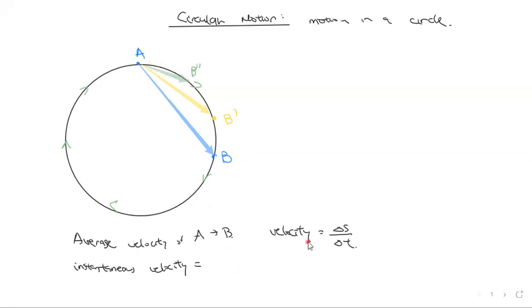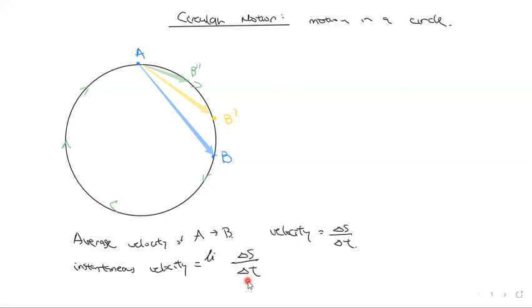So basically, velocity is calculated as change in displacement over change in time. Average velocity, as you've done before, is the total displacement over the total change in time. Instantaneous velocity is still change in displacement over change in time, but you're trying to make the change in time as small as possible.